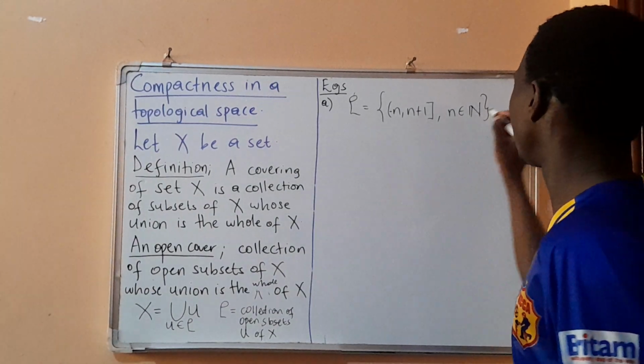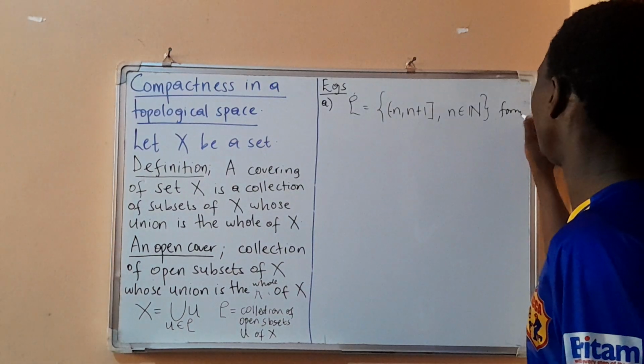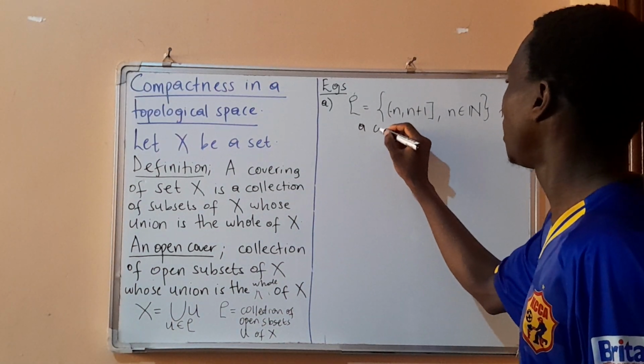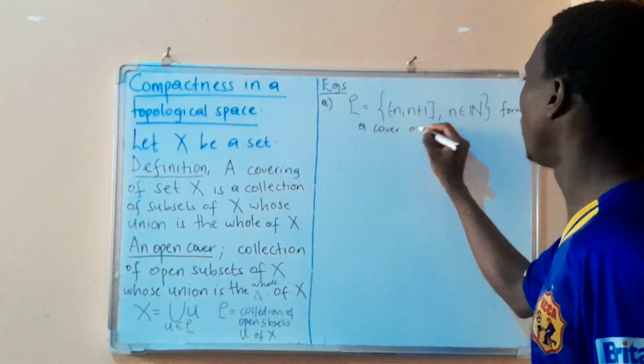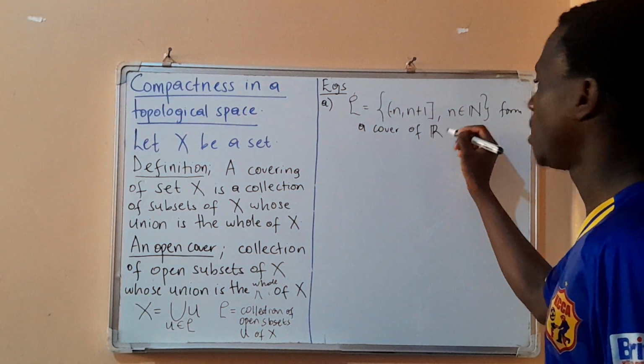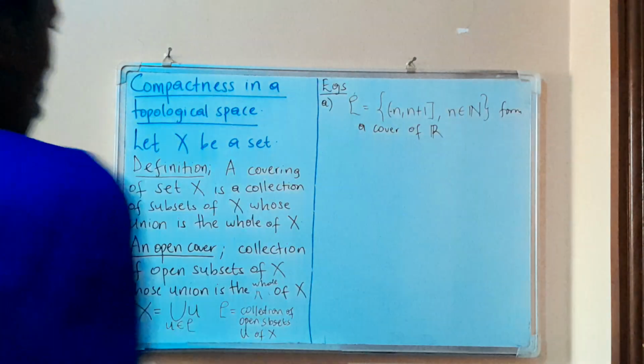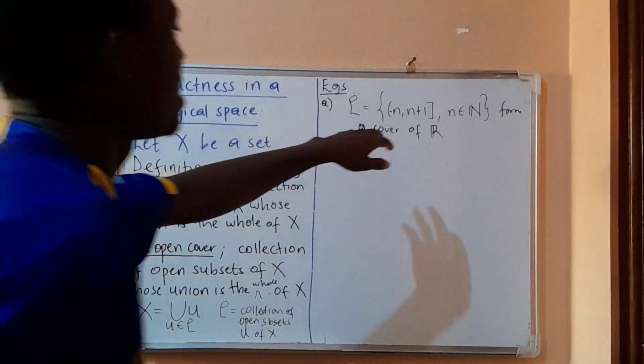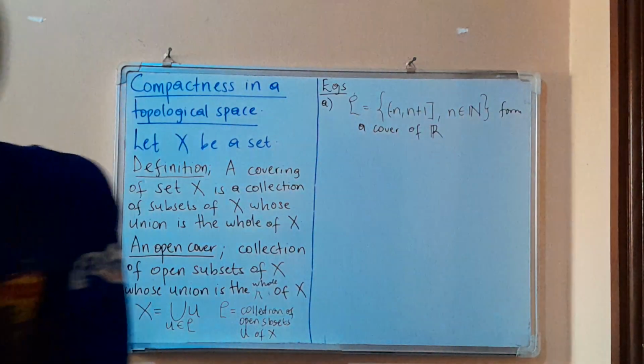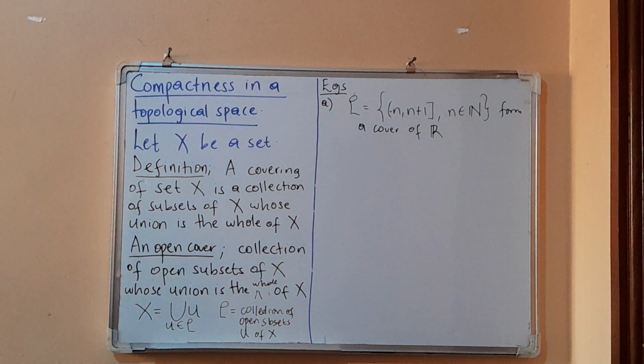This set forms a cover of the real numbers. So this is a collection of subsets of R whose union is all of R. That is just an arbitrary cover.